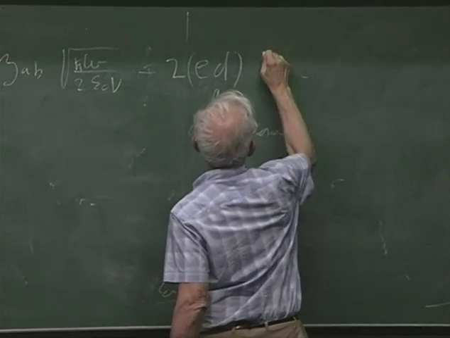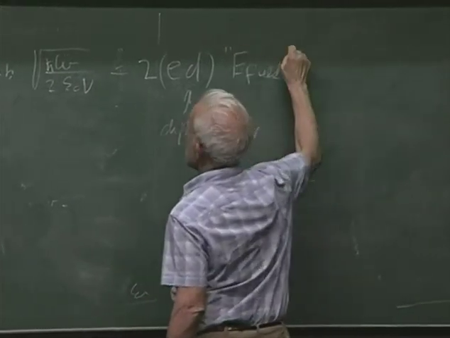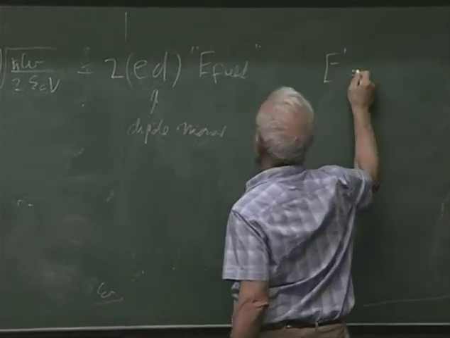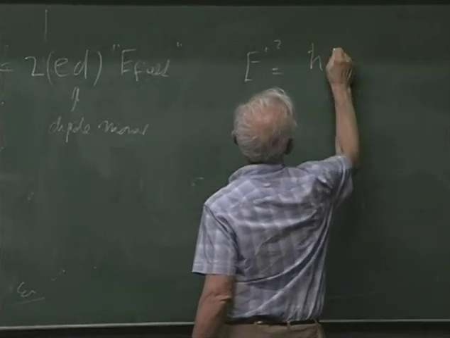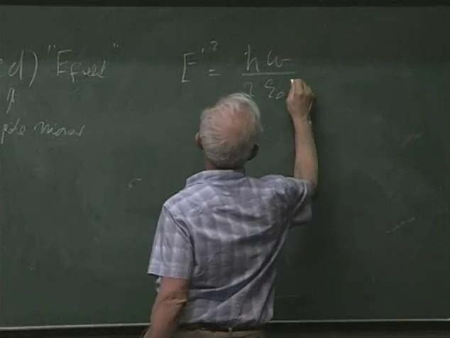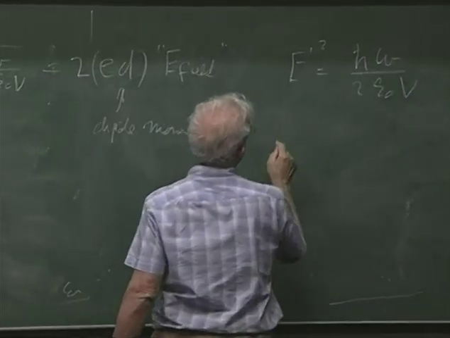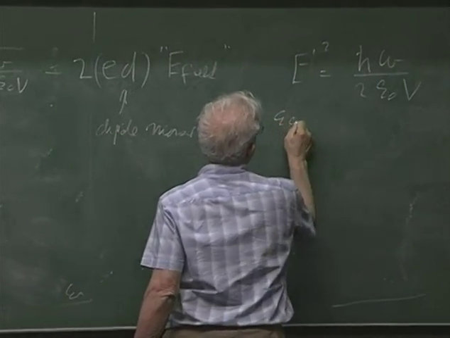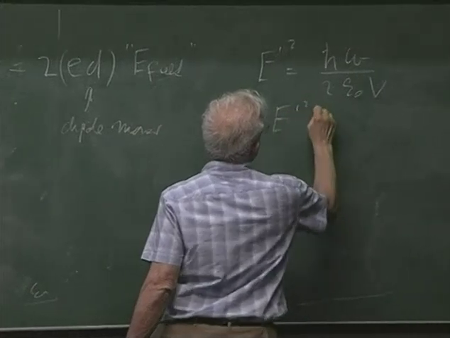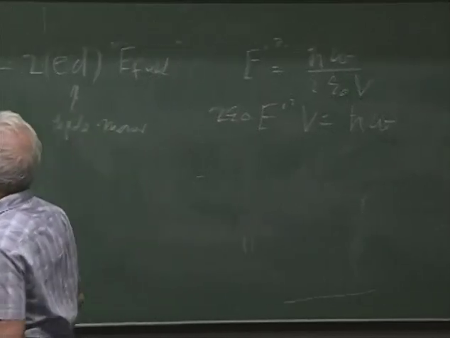I'll put this in quotes, where E prime squared is equal to H bar omega over 2 epsilon naught times V. Or twice epsilon naught E prime squared times V is equal to H bar omega.